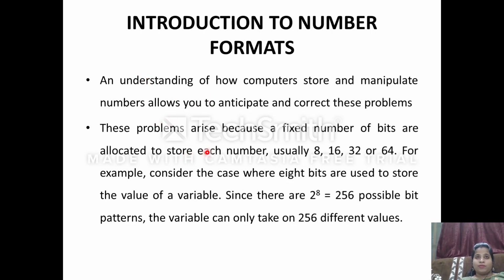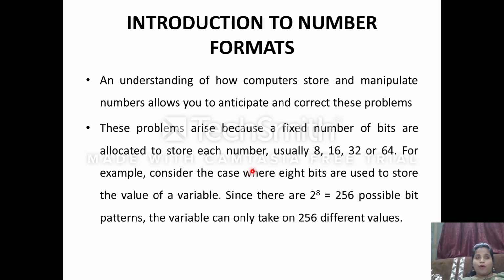These problems can be reduced by using a fixed number of bits to store each number. Usually it is stored with a bit representation, either 4 bit, 8 bit, 16 bit, 32 bit or 64 bit. For example, consider the case where 8 bits are used to store the values of a variable.